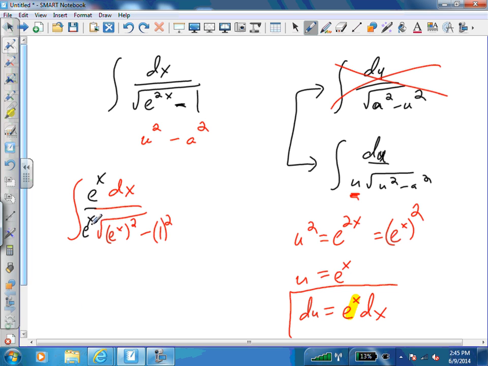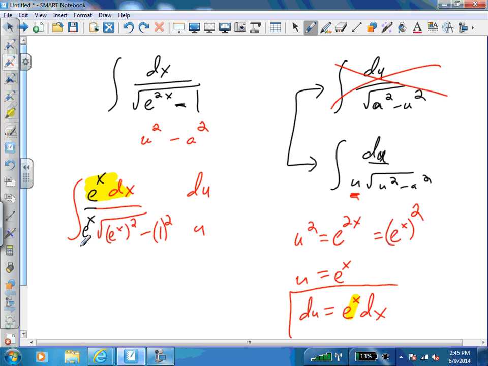E to the x over e to the x is just what? 1. If I multiply something by 1, does it change how much I have? No. So notice now that is du.